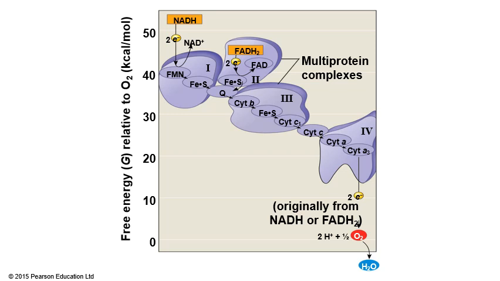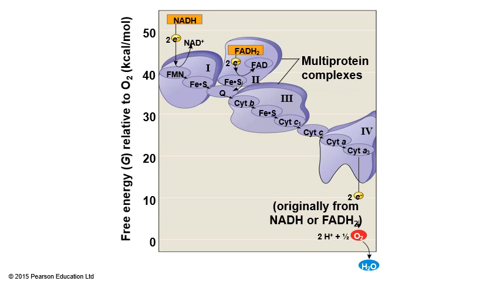When NADH, the electron delivery man, or FADH2 donates electrons to the electron transport chain, the electrons pass through one carrier protein after another, all the way to the last and final stage.